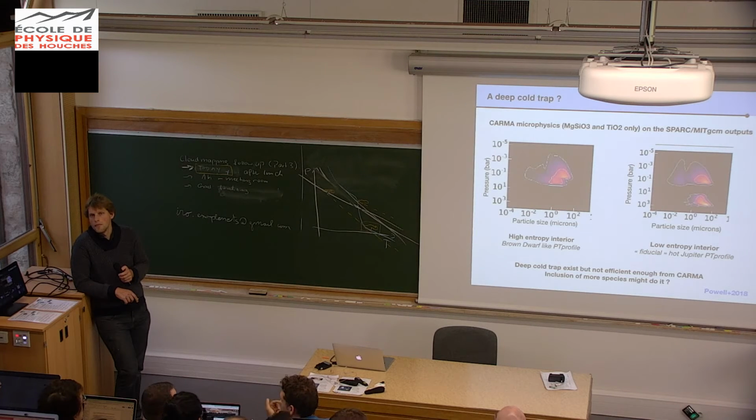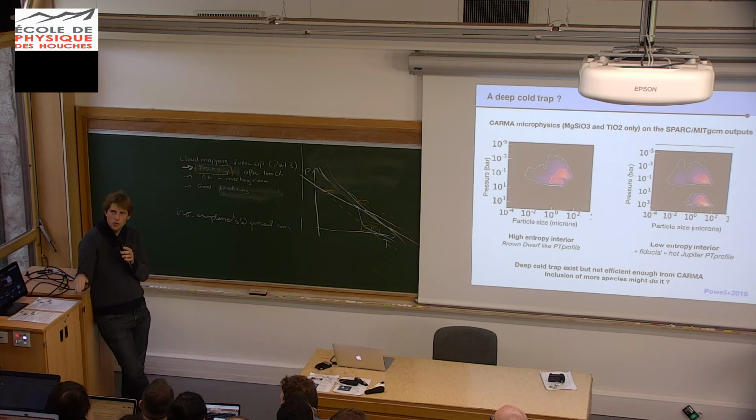So you don't necessarily need a cold trap to have detached clouds. You don't need to cross the condensation curve twice to form detached clouds. That's what you're saying? You don't need to reach supersaturation larger than 1 in two places separated by a subsaturated place.